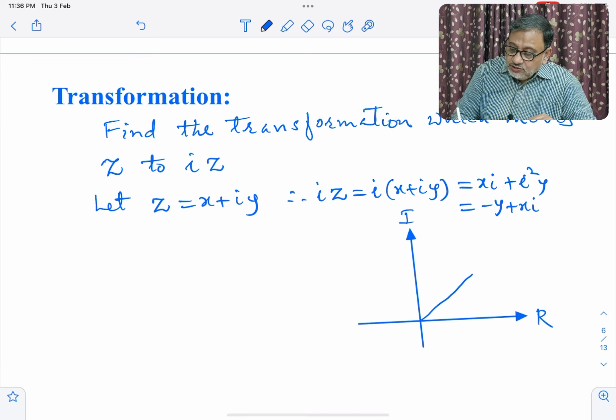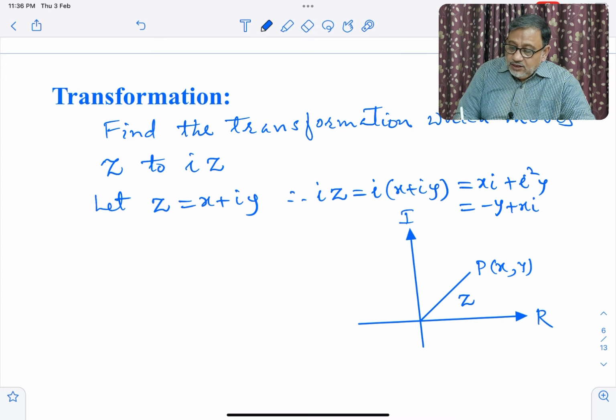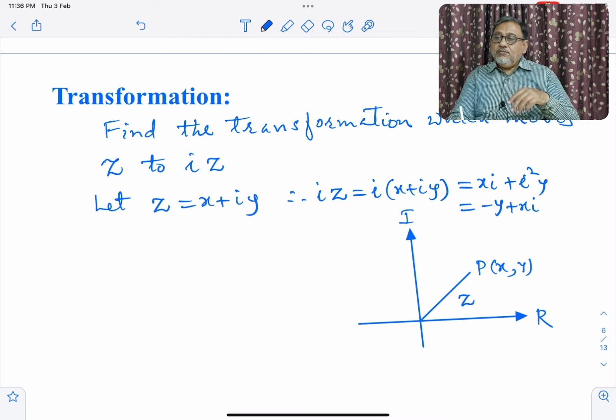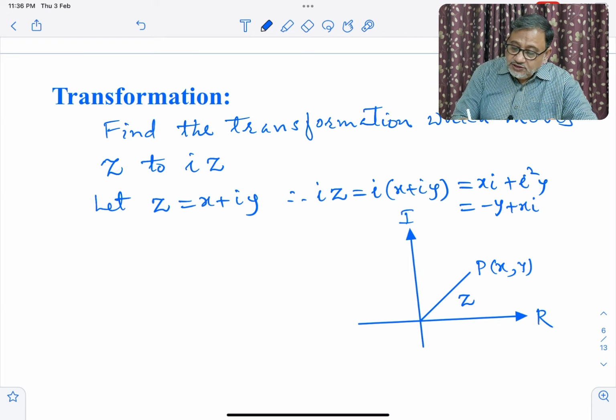Now suppose here is our complex number OP, which represents the first complex number z, and then the other complex number which is given by iz is OP dash.